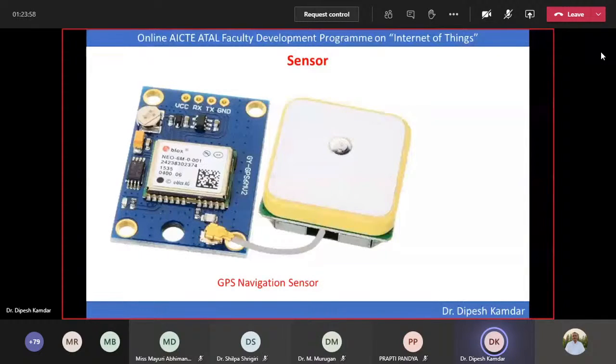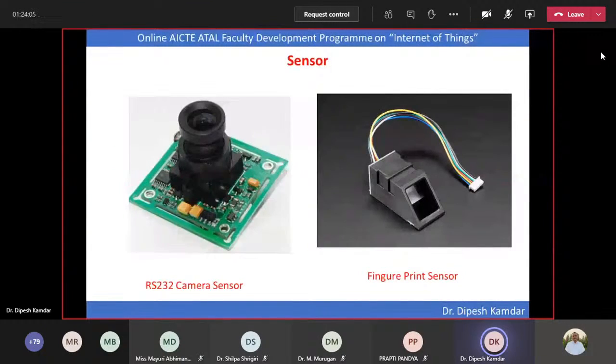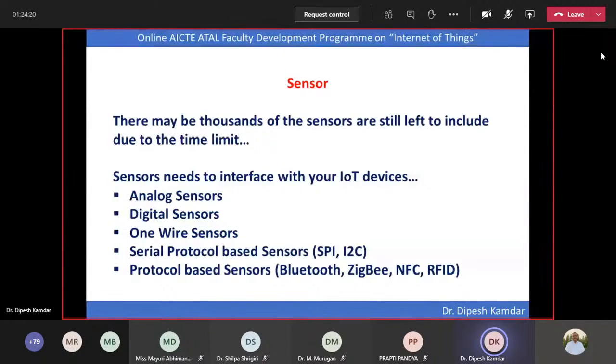These are all the sensors which you may use for sensing different things from this real world and feeding them to your controller. If I can just conclude, there might be thousands of sensors still left to include here, with the given time. So I'm not able to include all the sensors which are available.